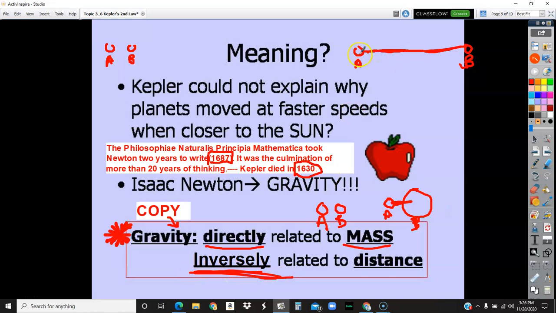So as the distance increases, the gravity decreases, right? That's why we slow down when we're further from the sun, and we speed up when we're closer to the sun. But again, Newton comes out with this book in 1687. Kepler, like I said, died many, many decades earlier, not being able to explain the whole idea behind gravity.